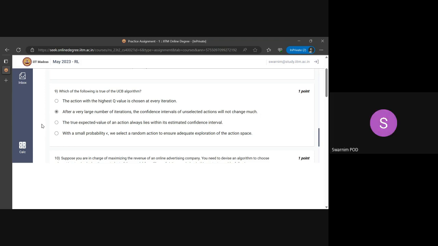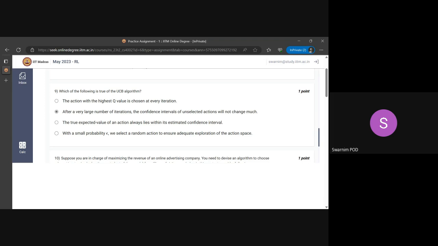It seems correct because the formula for selecting an arm maximizes Q(a) plus the square root of 2 log n divided by n(a), where n(a) is the number of times that particular action has been taken. The bonus grows only with the square root of log n, so it is a very small number. So it seems to be correct.